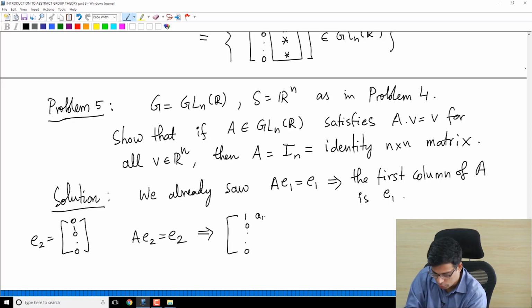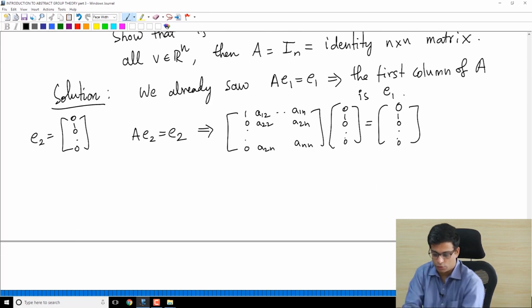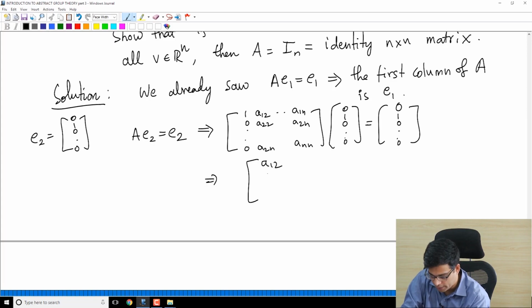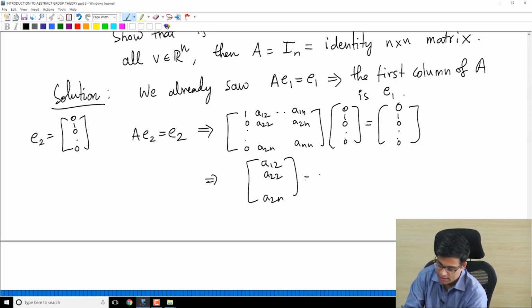So it's A12, A22, through A2n, multiplied by 0, 1, 0, 0, 0, must be 0, 1, 0, 0. Exactly the same calculation as before applies. What is this product? This picks out the second column of the matrix, because when you multiply it out, the second column is picked out. This is 0, 1, 0, 0, 0.